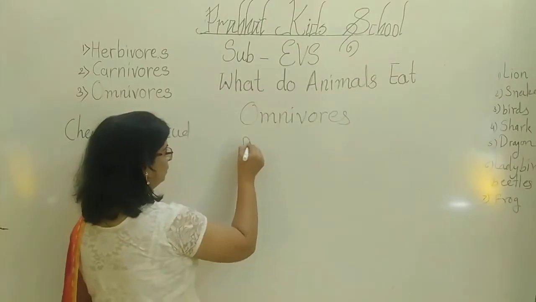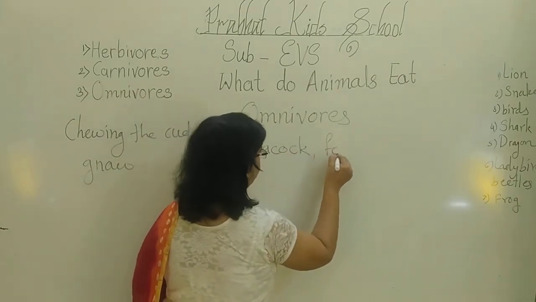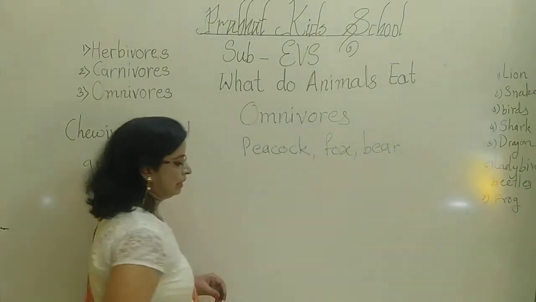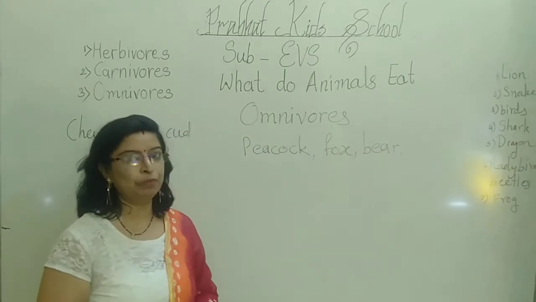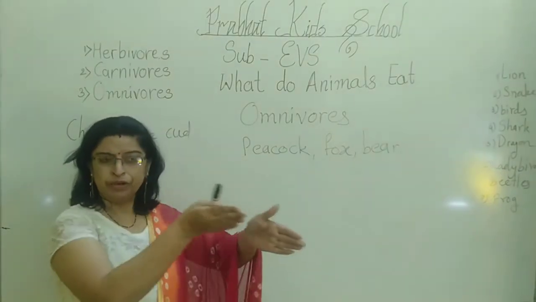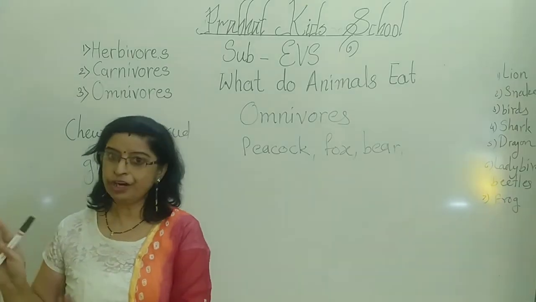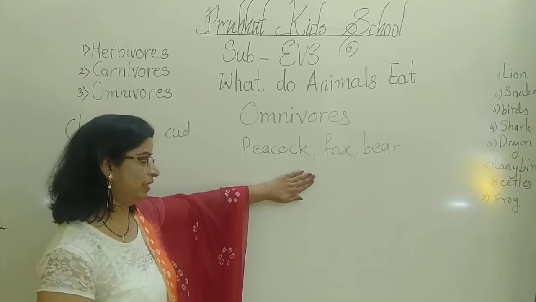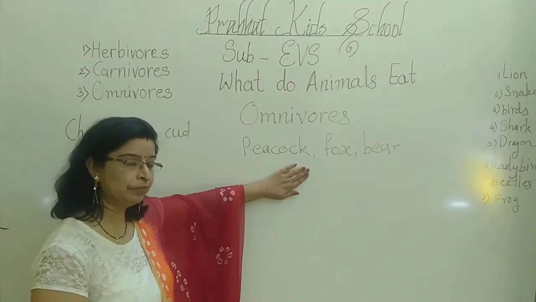Peacock, then fox, bear, some pet dogs also. Pet dogs means the dogs found in your house, not in the jungle, not in the forest. Those dogs are also omnivorous animals. Hens also. So sparrow, what do they do?